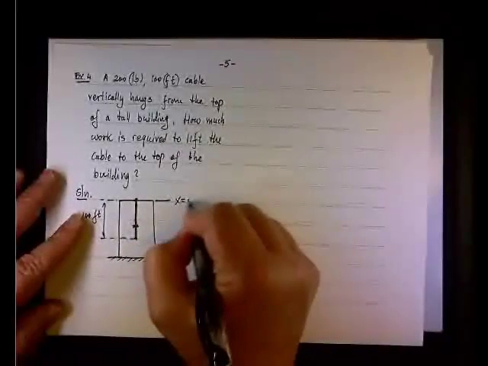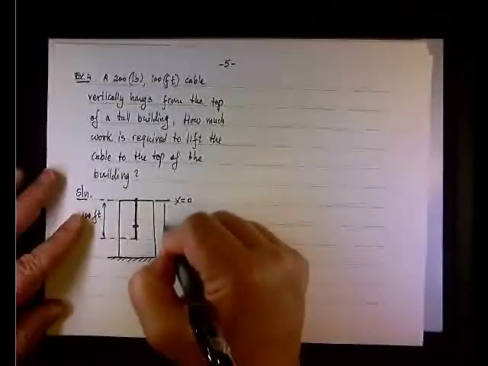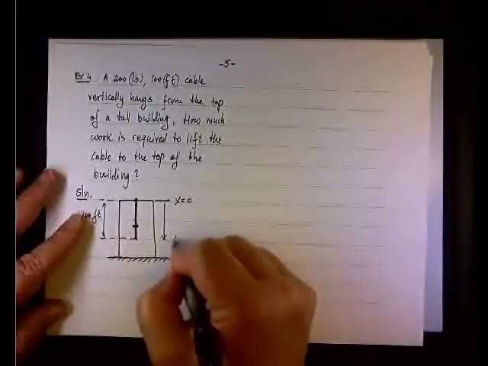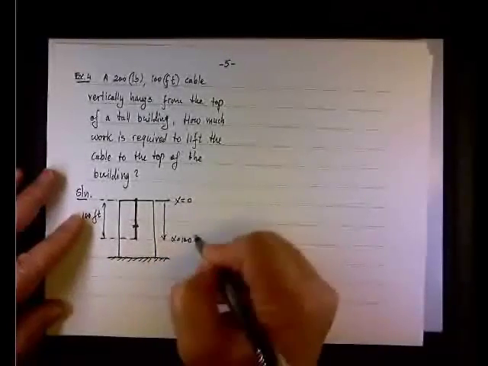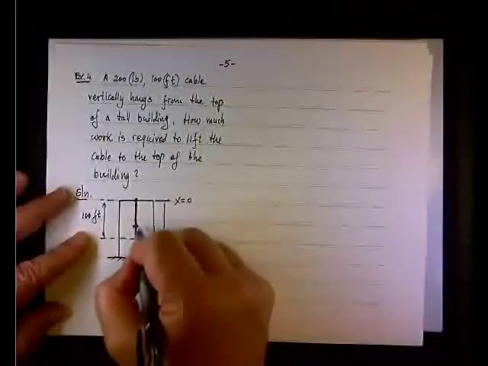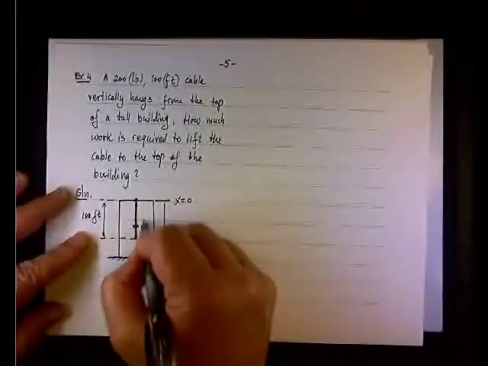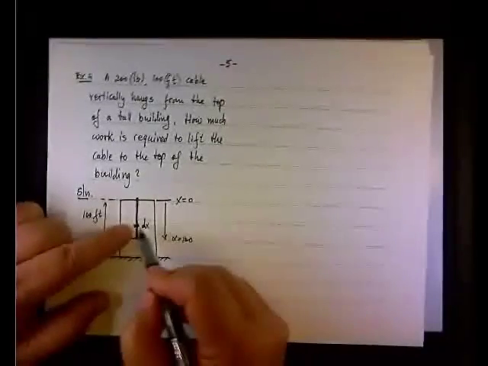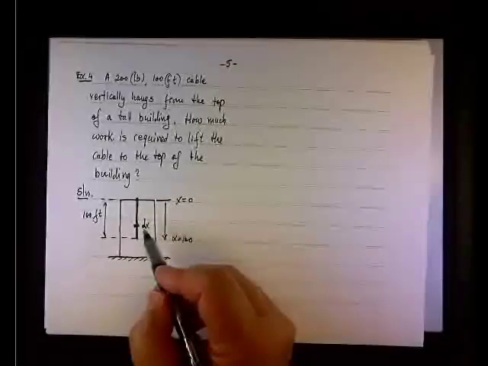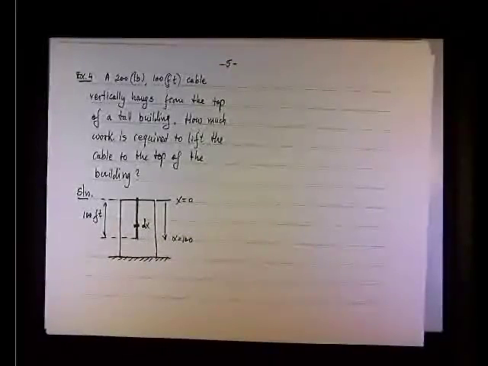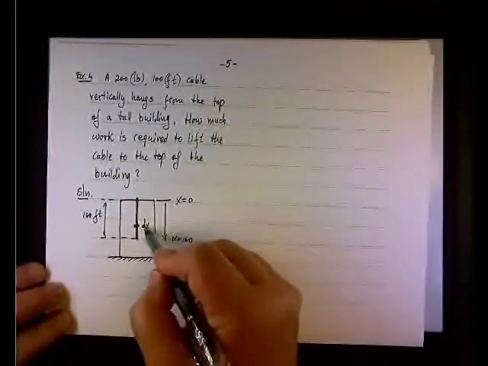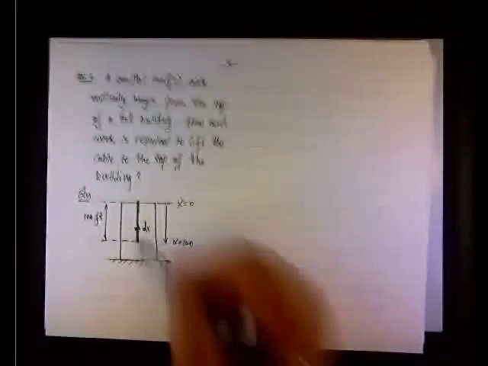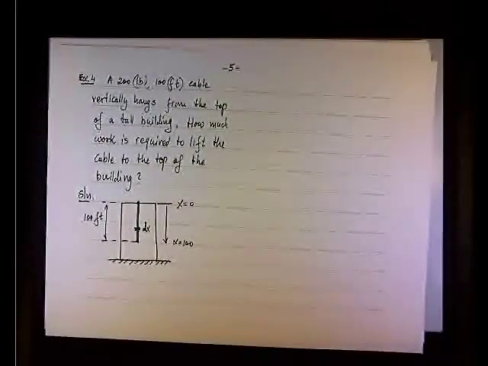This will be x equals 0, and let's say this will be x equals 100 this way, okay? So, and this will be dx. So we know that now we need to figure out what will be the work that is required to take this element of cable a distance of dx.